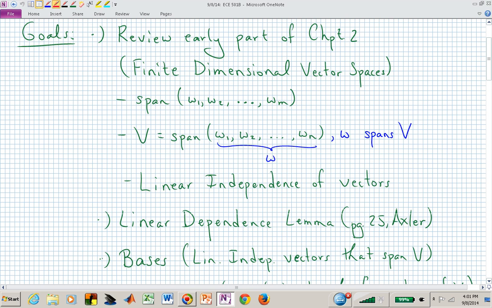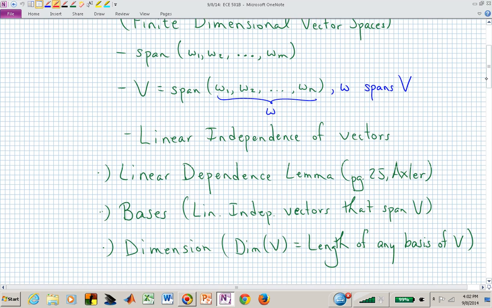And then we just started discussing linear dependence via the first half of the linear dependence lemma, and we'll pick up at that point with new material. We'll start talking about bases, not first, second, and third or home base, but the basis of a vector space and what that means, and that's the plural.